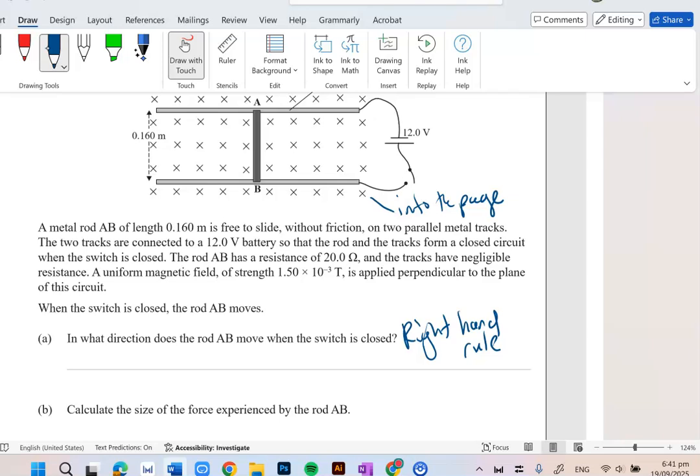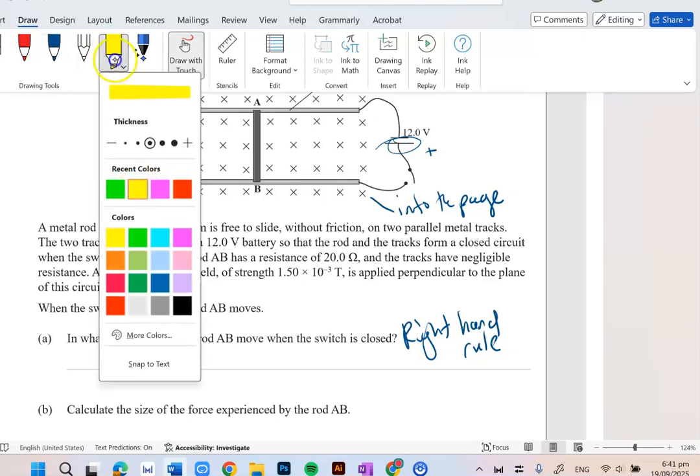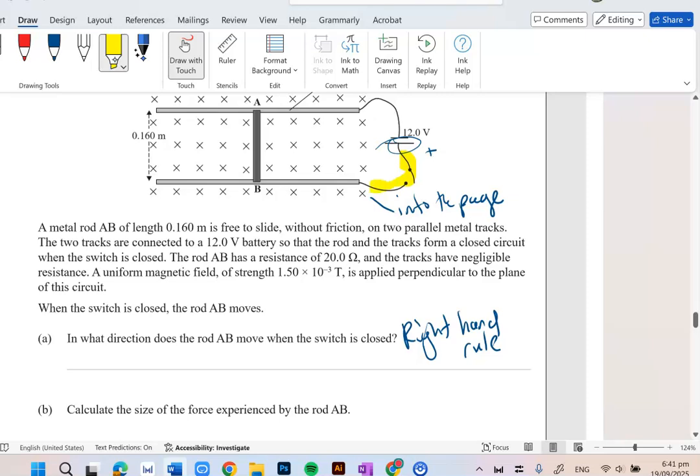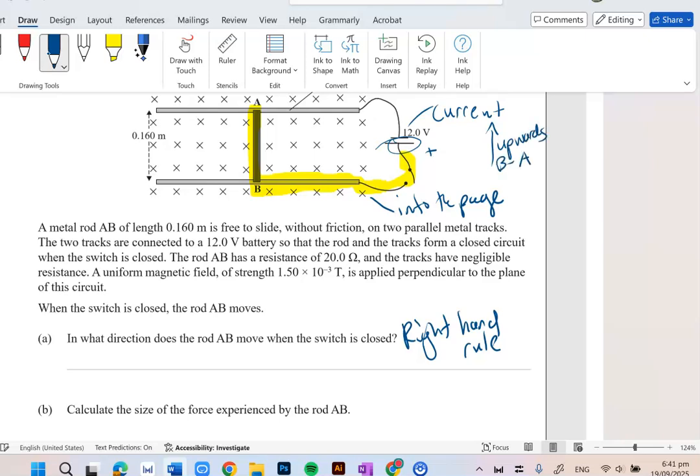We can see that this is the positive side, the longer side's positive, which means the current is going to go from B to A. So the current is going upwards from B to A. If we point our thumb upwards and our fingers away from us, we'll see the palm of our hand is facing the left.